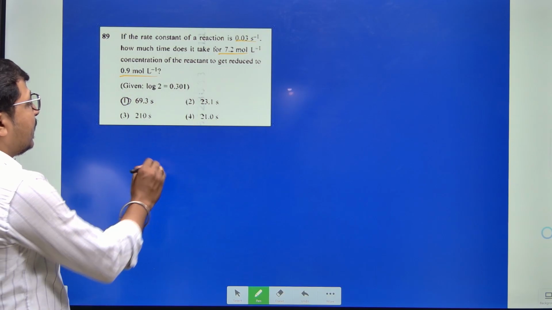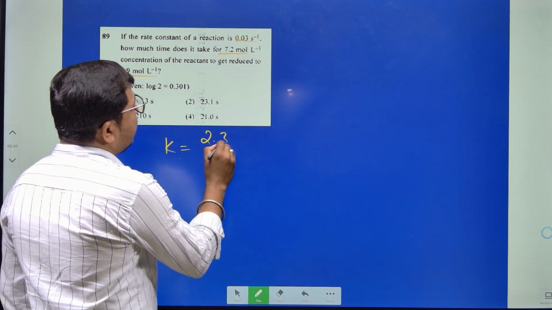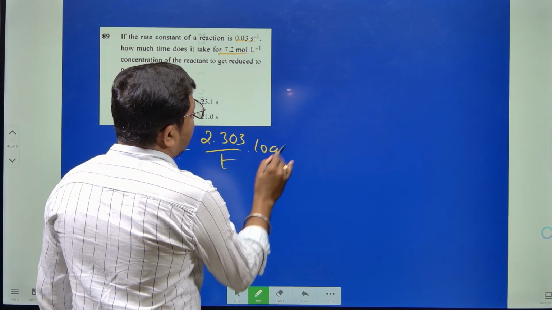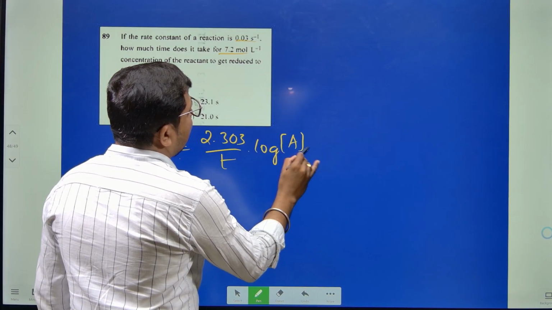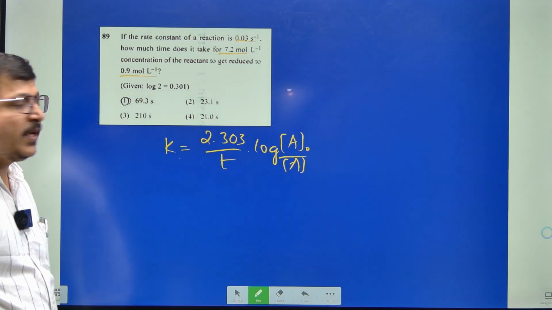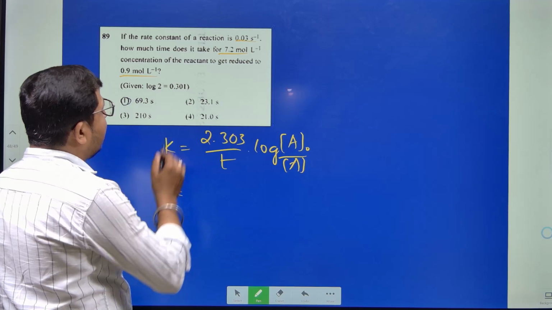Look here, K is equal to 2.303 divided by t into log of A naught divided by A, the concentration of A naught divided by the concentration of A. So t is equal to, we have to calculate the time.